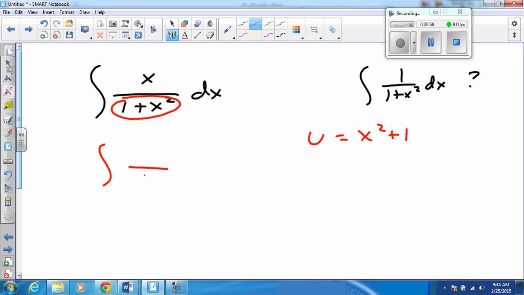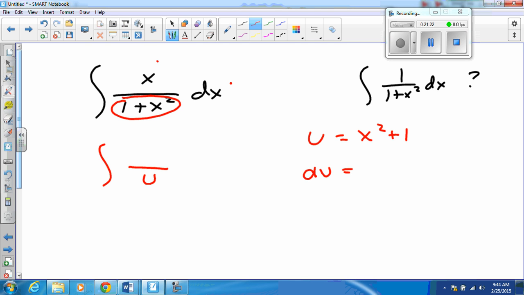If I do, then in the bottom I get u. That's fine. But I'm not done substituting until every single component of my integral has been substituted away. So let's see what we can find.